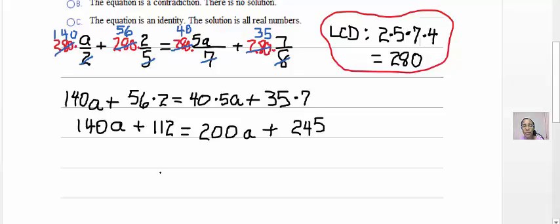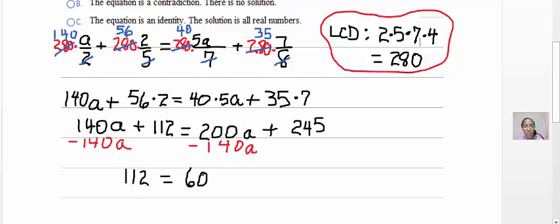So, let's subtract 140A from both sides. Let's keep it kind of simple here. So 112 equals 60A plus 245.